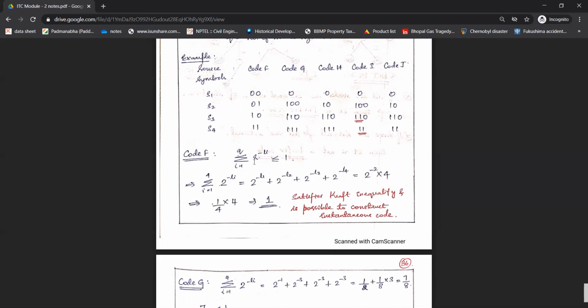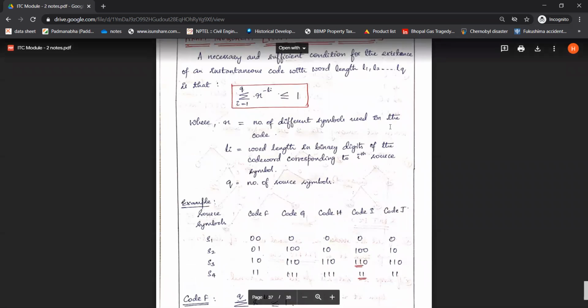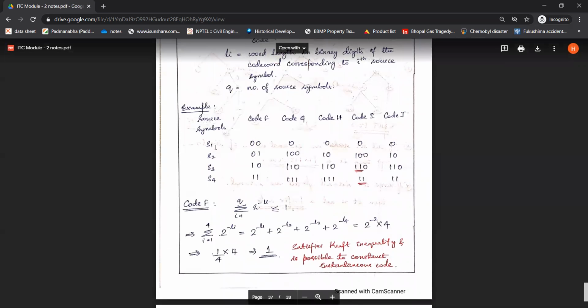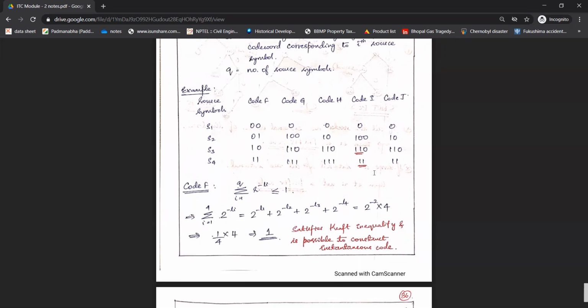R is the number of different symbols used in the code. Coming back to this tabular column, 0 and 1 are the only two symbols used in coding here. So the value of r is 2.